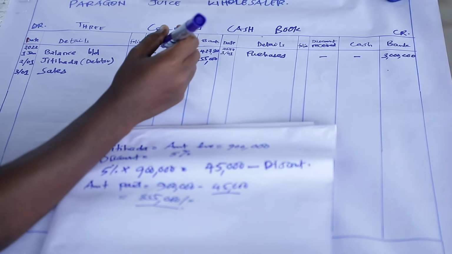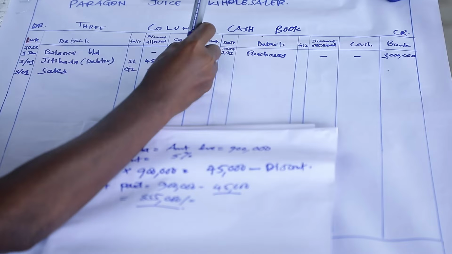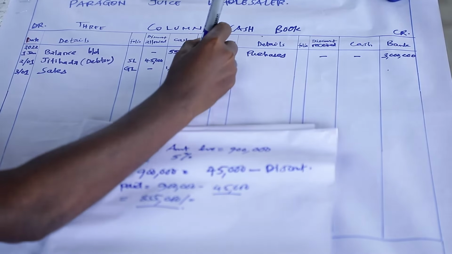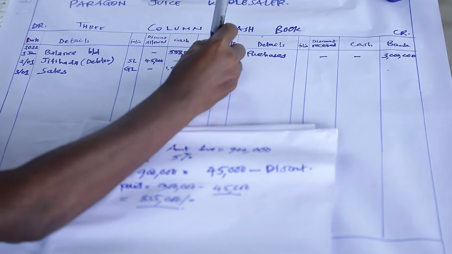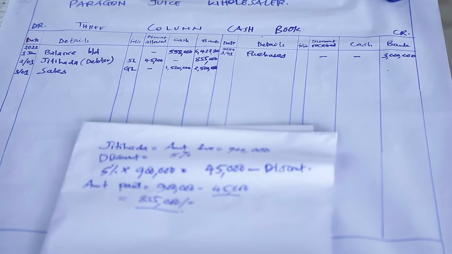There is no discount. In cash we sold 1,500,000, and in bank it is 2,500,000. So that is it.